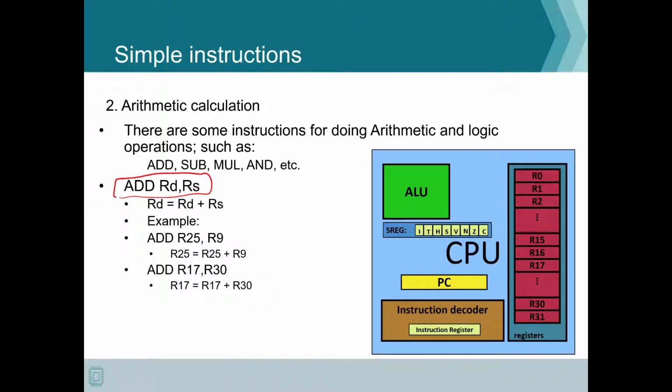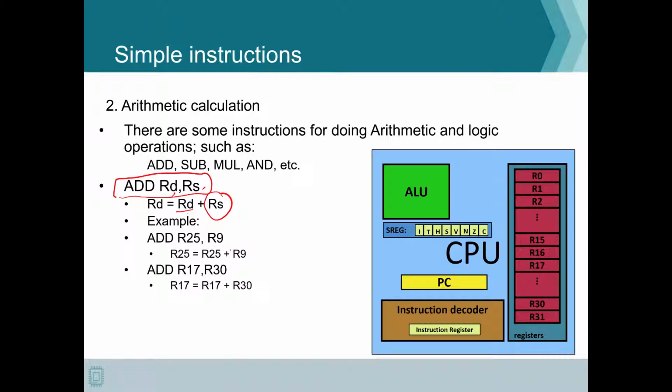So we have RS, which is your source, D is your destination. So we take the value from RS, could be any one of these locations in the register file, add it to the destination register, again could be any one of them, and then we place the result in the destination.